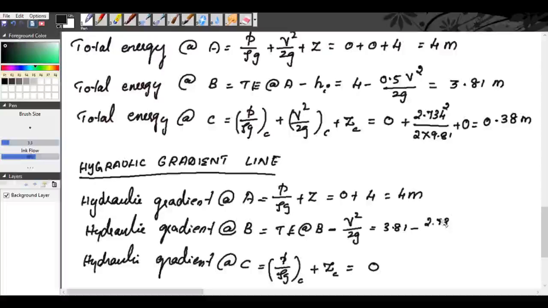Okay, V square by 2G is 0.38. So let me calculate, 3.81 minus 0.38, we get 3.43 meter.